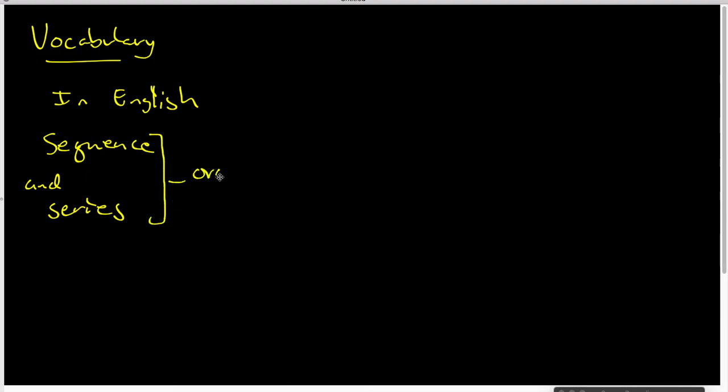They are both essentially an ordered list of something. We can talk about a series of events or we can talk about a sequence of events, and they mean the same thing. So they're synonyms.